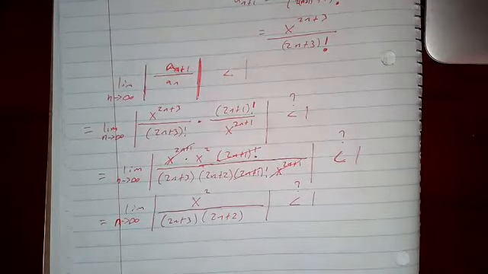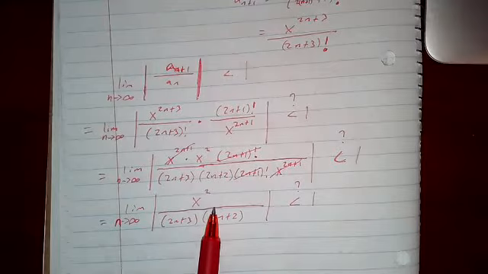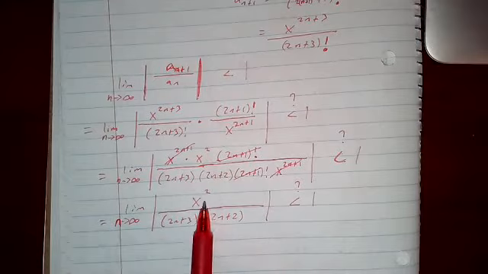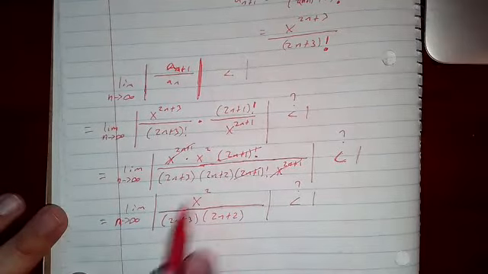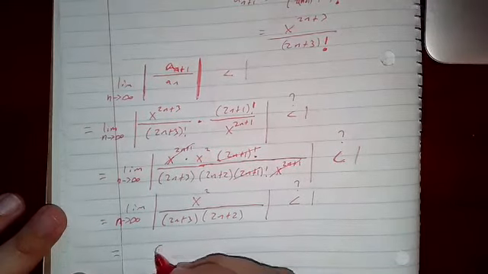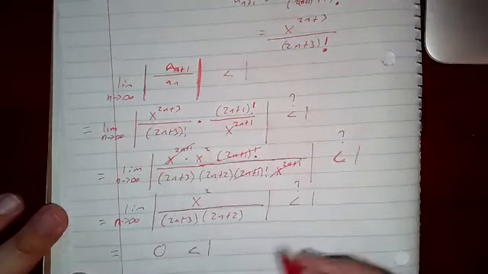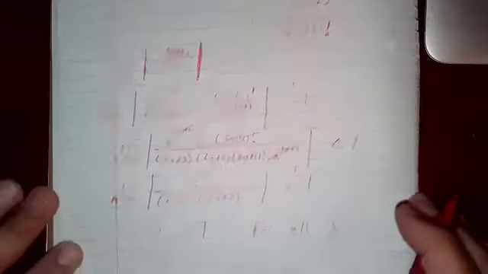Yes. We're going to 0. Does it matter what x is? Will this always be 0? No. It doesn't matter what x is, right? The whole thing is 0. So this limit is 0, which is always less than 1 for all x, right?